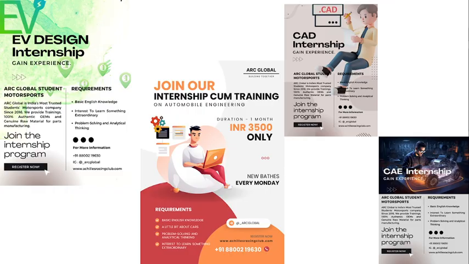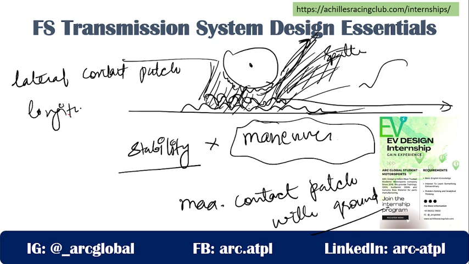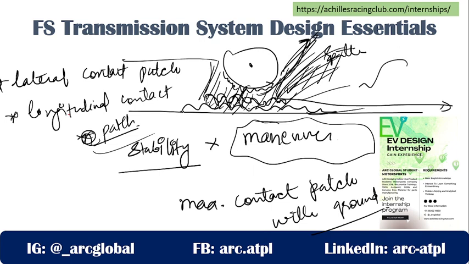Now, whenever I talk about the contact patch, I'm referring to both the lateral contact patch and the longitudinal contact patch. Okay, I'm referring to both of them. So the contact patch should be as high as possible in the plane of the road, that is the lateral and longitudinal axis.